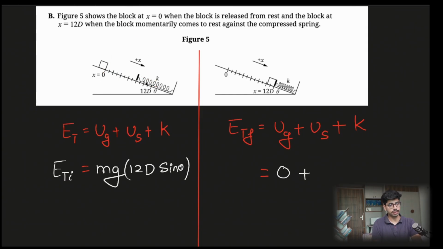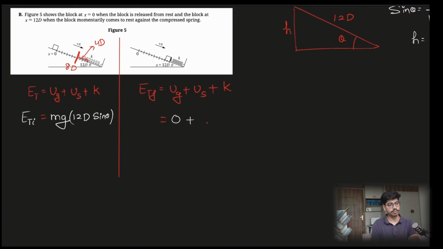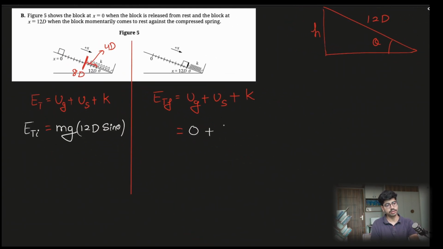The natural length, or unstretched position, is 8d, and it compresses to 12d as per the question, so the compression is 4d. The spring potential energy is half k times delta x squared, with delta x, the compression, being 4d, plus kinetic energy, which is nothing because it momentarily comes to rest.